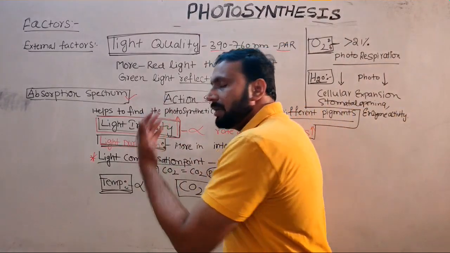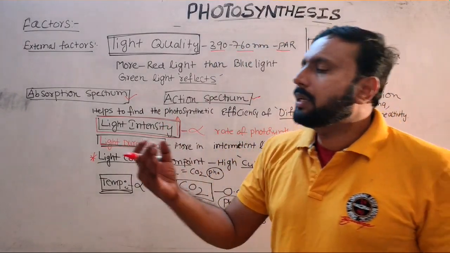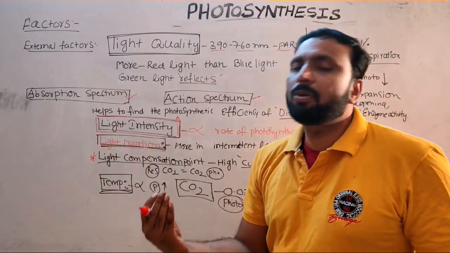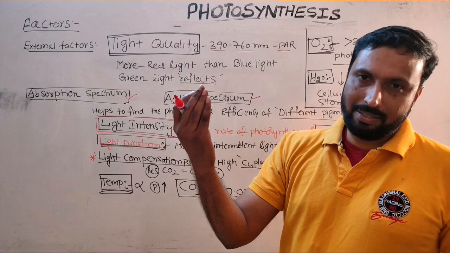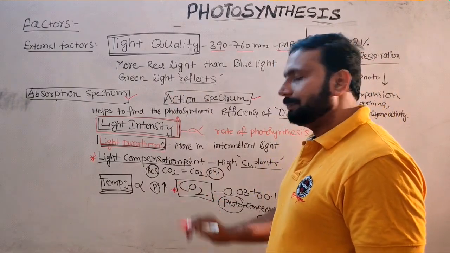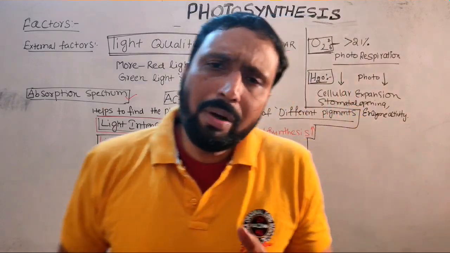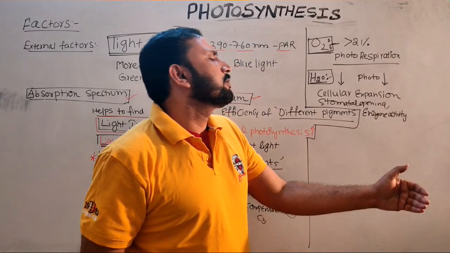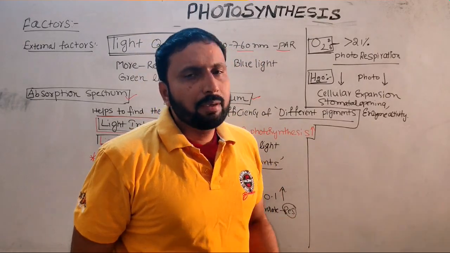Then when you go to temperature, generally when the temperature increases up to the optimum level, the rate of photosynthesis also increases. And the main important thing is carbon dioxide. When the carbon dioxide concentration increases, the rate of photosynthesis also generally increases.